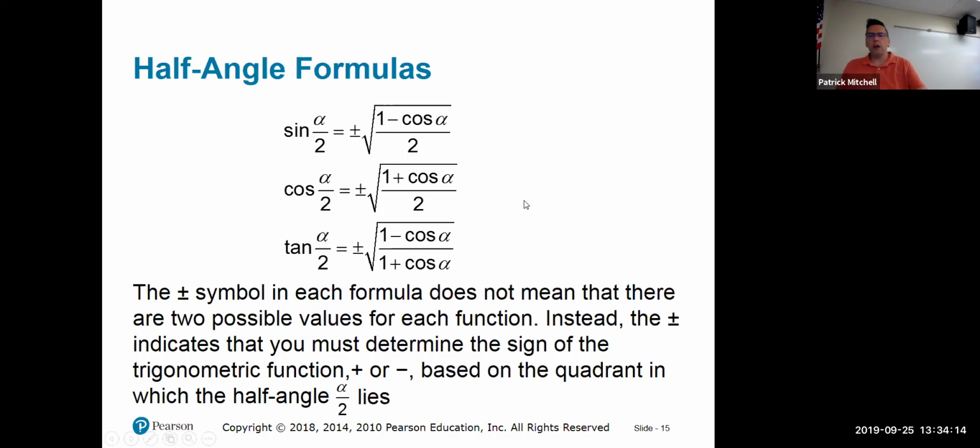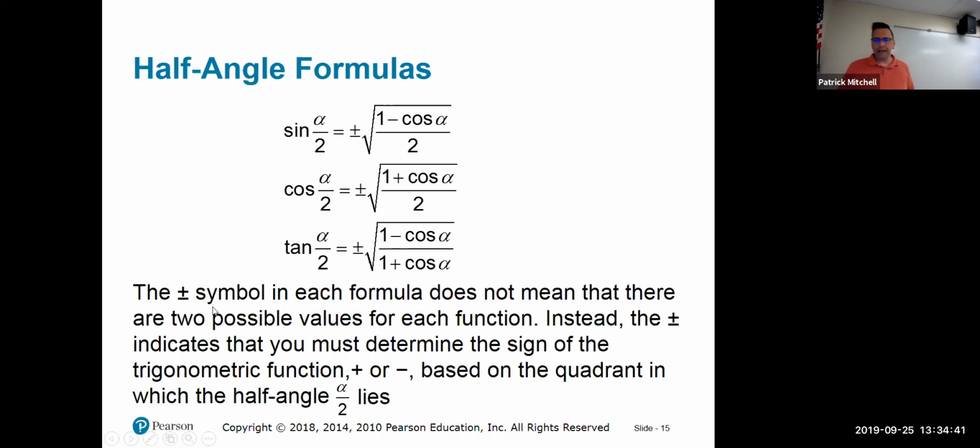Okay, so when I first looked at this, I was wondering, are they going to say this formula in words and think that that's helpful? But that's not what they're doing. So for example, it's saying the sine of alpha over 2 is equal to either the positive or negative square root of 1 minus the cosine alpha over 2.